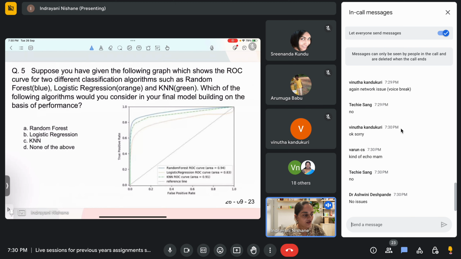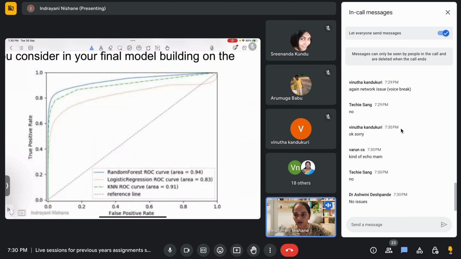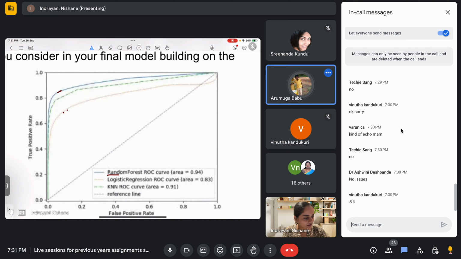Yeah, so we'll choose the algorithm which has the maximum area under the curve. Can you tell me which graph has the maximum area under curve? I have zoomed in onto the graph. This blue line is for random forest, then this dotted line is the logistic regression.